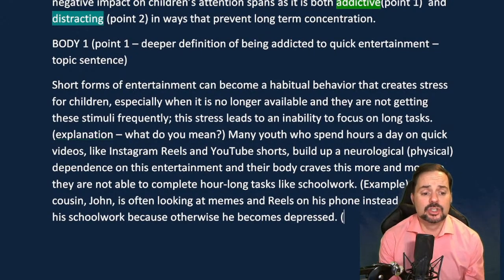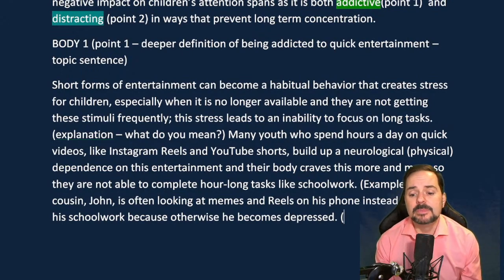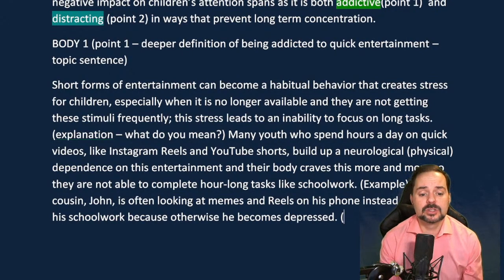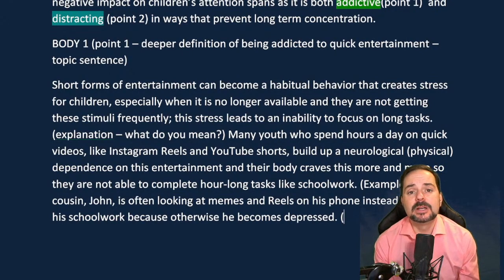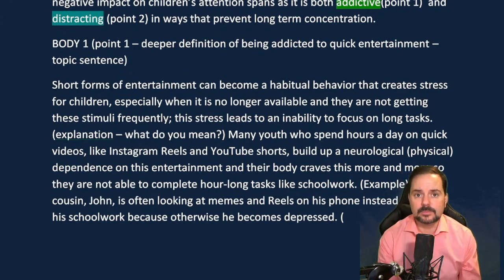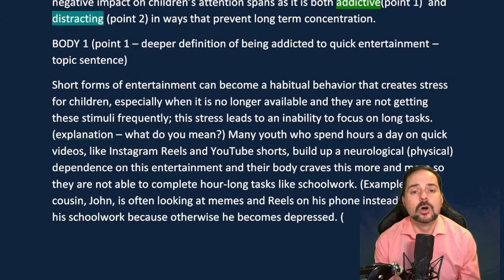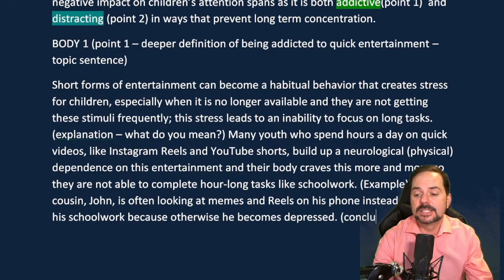My cousin John is often looking at memes and reels on his phone instead of doing his schoolwork because otherwise he becomes depressed. Okay, so there is my example, and now I have a concluding sentence.